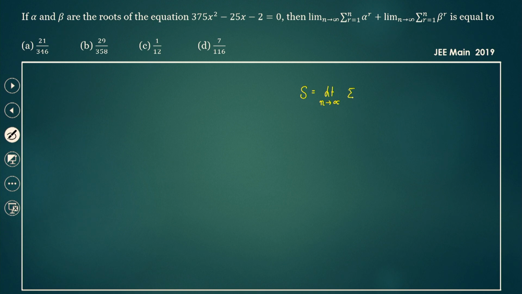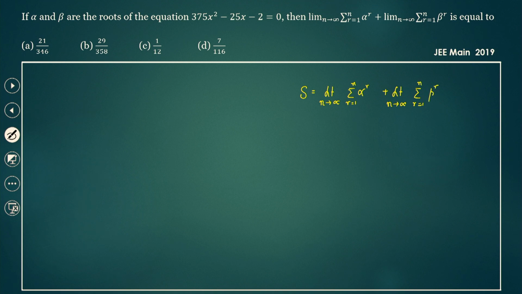summation of r equals 1 to n alpha to the power r, plus again the same limit n tends to infinity summation of r equals 1 to n beta to the power r.